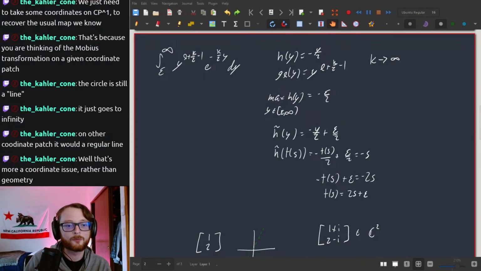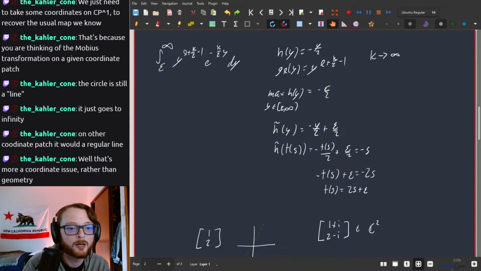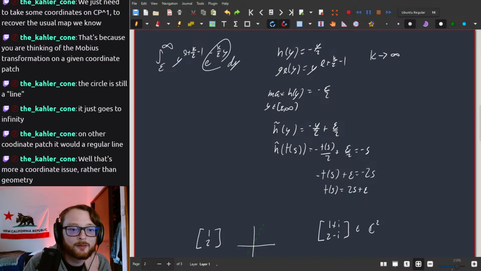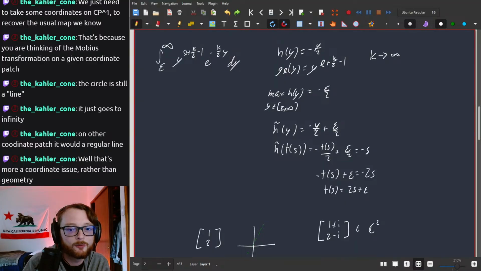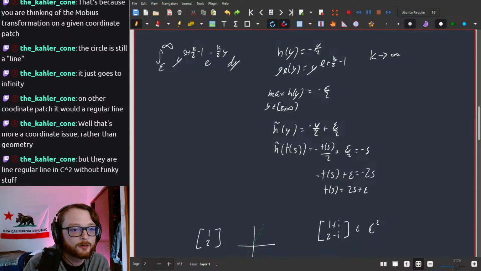Okay, that's I think the section I was looking for with this problem. I want to write this to look like that. So I need to do a plus and minus trick. I have an e to the minus epsilon over 2 out front.